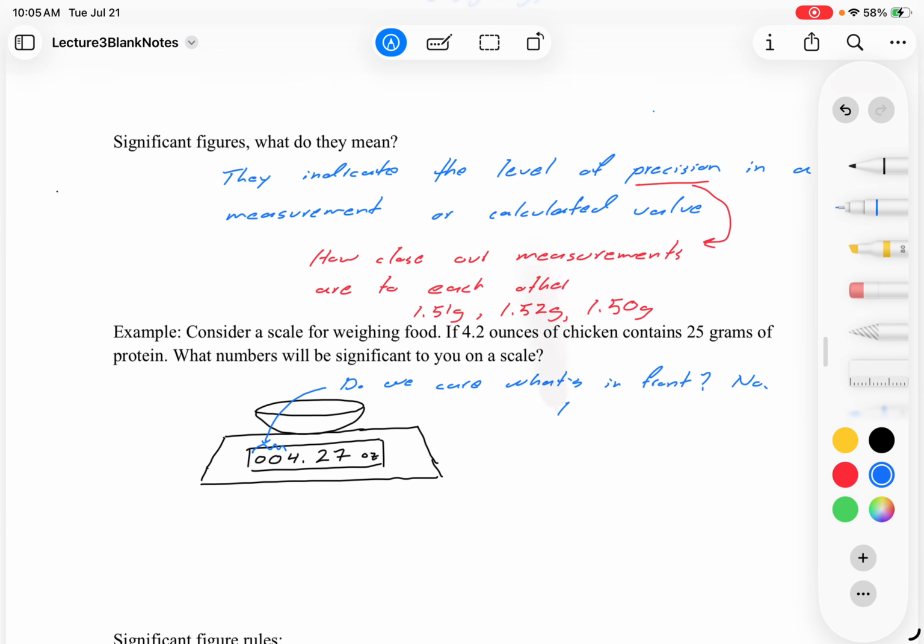So, insignificant. We don't care about those zeros here, right? How about here? The 4 and the 2 and the 7. Do we care about that? Yes, we do care. So this is significant.